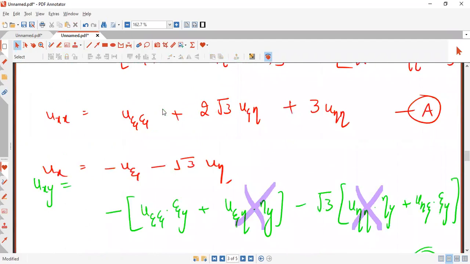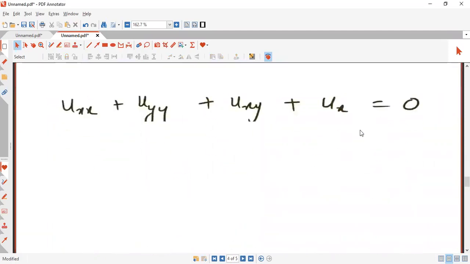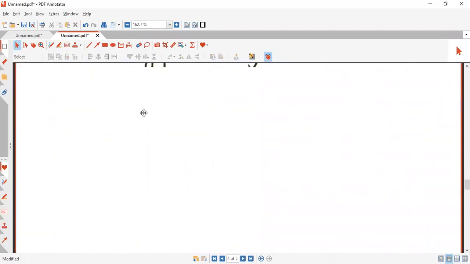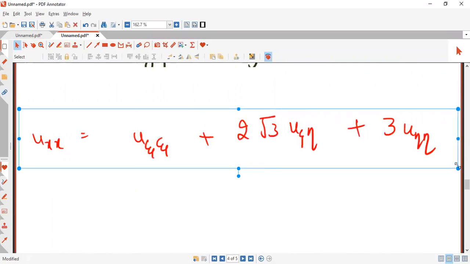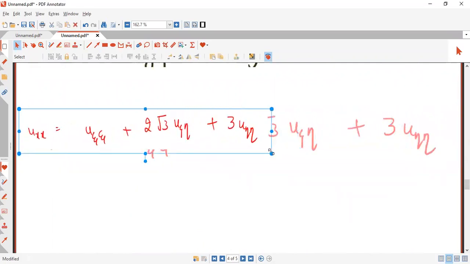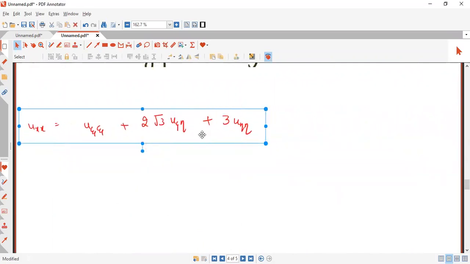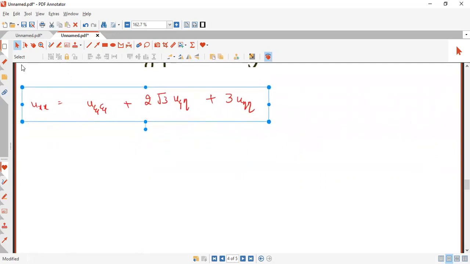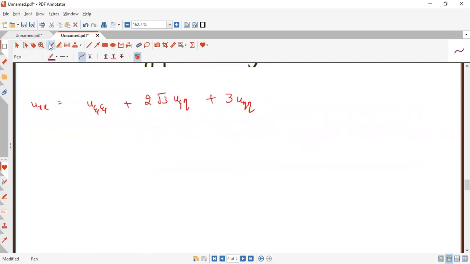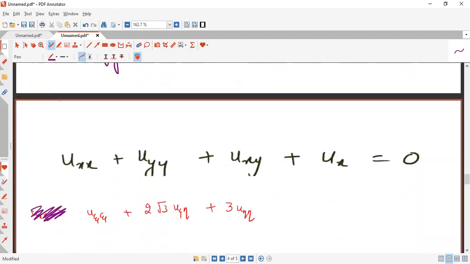I'm just putting the values here, alright? You put the values by yourself, see what you're getting. Uyy is 4 u xi.